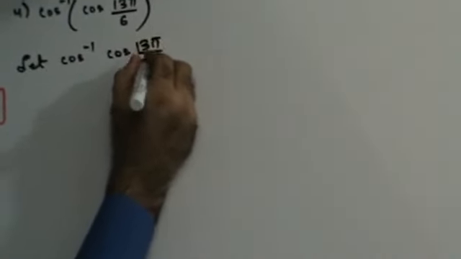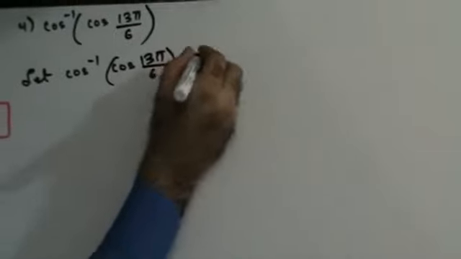Next, let's see if we have multiple functions, how do we solve them? These were simple functions. Fourth, find the value of cos inverse of cos 13 pi by 6. Same method: let cos inverse of cos 13 pi by 6 be equal to x.